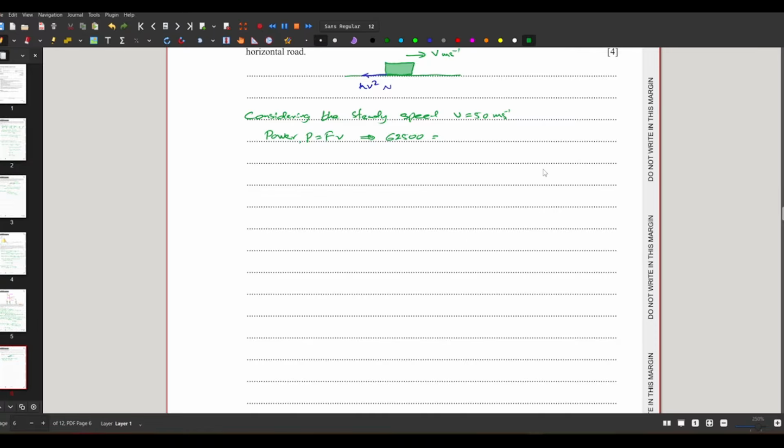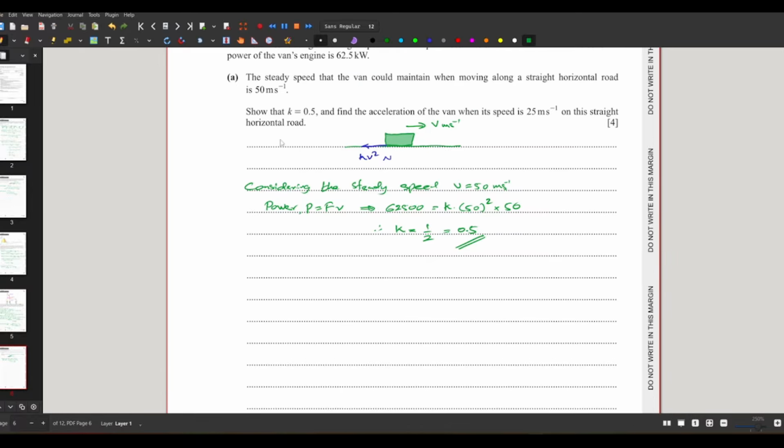Force is given by kV squared, so in that case V is 50, squared, times velocity 50. With this you can find the k value. You have to divide 62,500 by 50 cubed. So you will receive 0.5. Okay, that part is done.